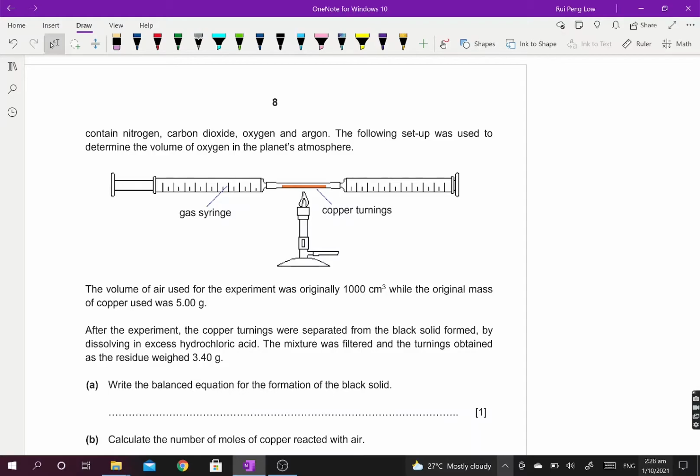After the experiment, copper turnings were separated from the black solid formed by dissolving in excess hydrochloric acid. The mixture was filtered and the turnings obtained as residue weigh 3.4 grams.